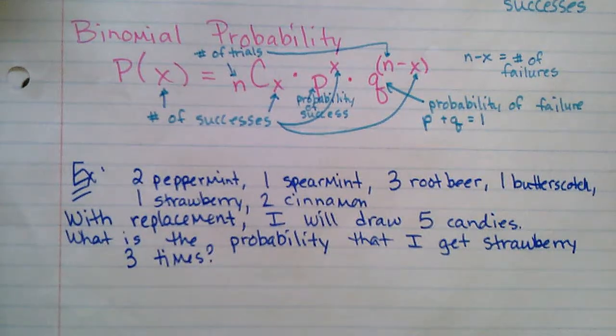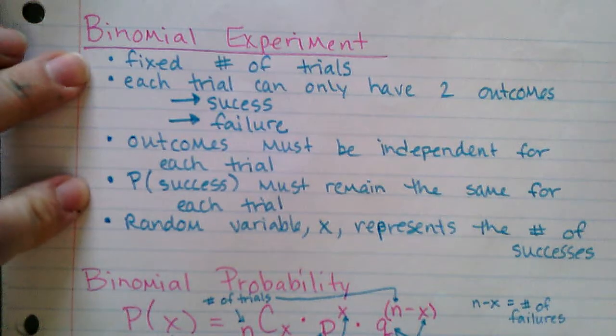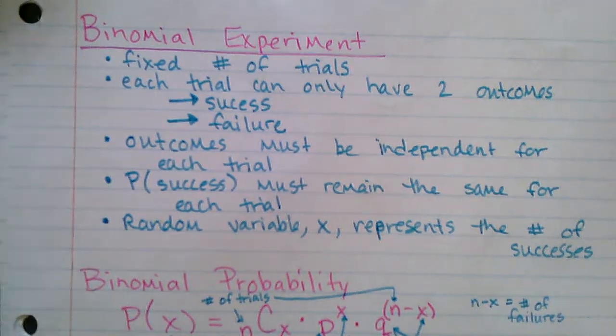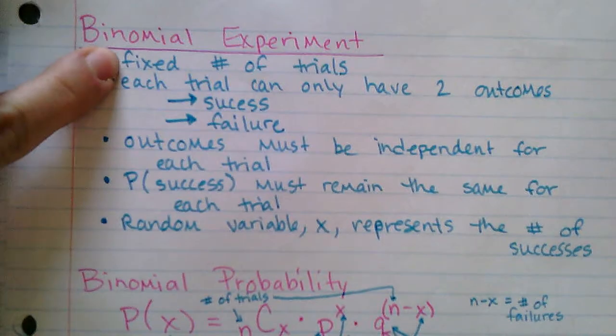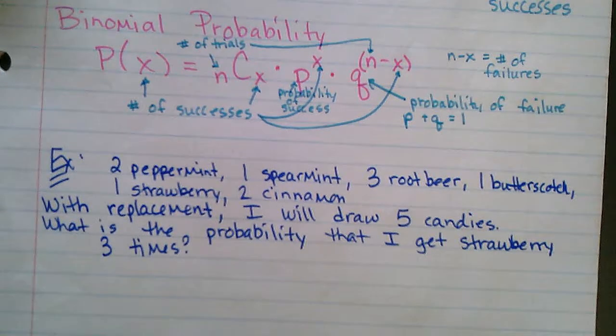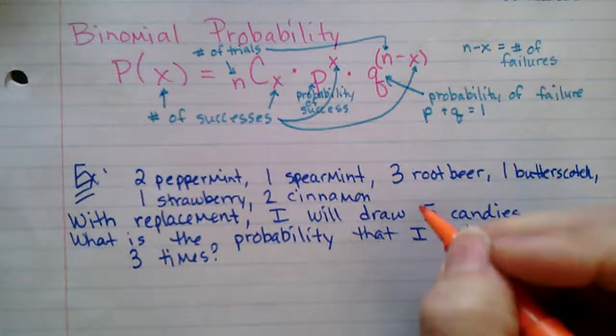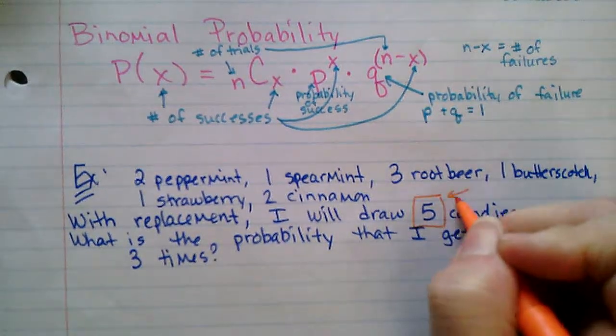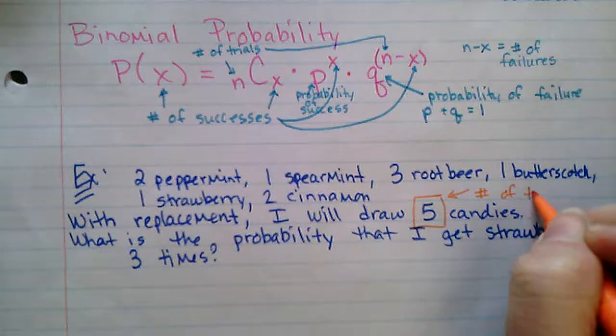So this is a binomial experiment because it's going to meet all of these requirements, as we'll see. There is a fixed number of trials. So the number of trials is how many times I'm going to draw candies. So that is 5. So this is my number of trials.